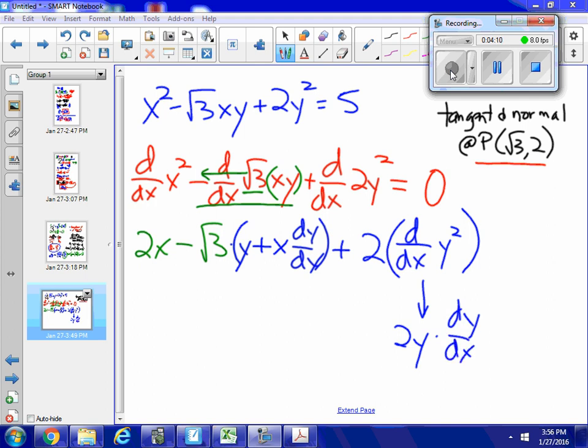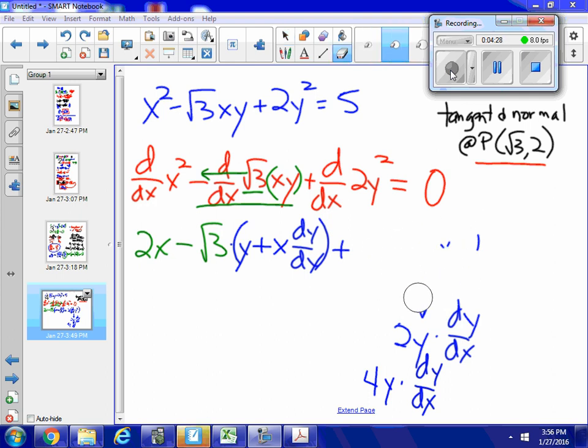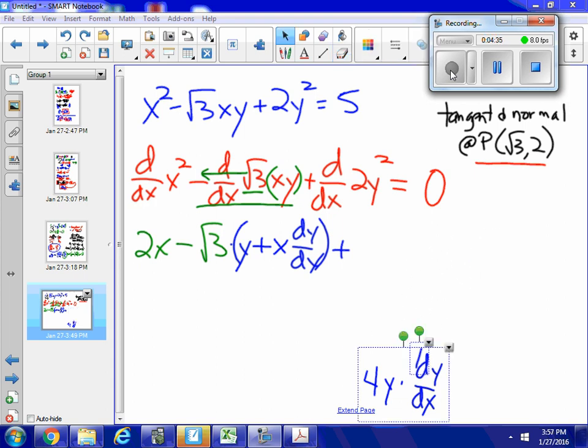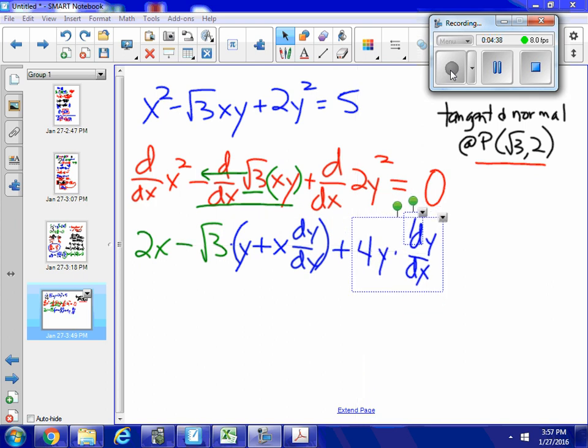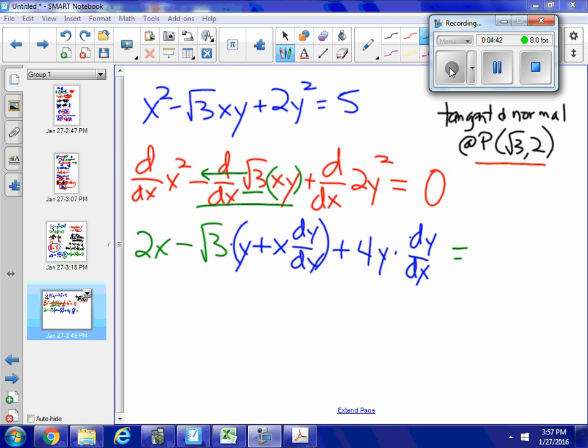So this whole thing is 4y times the derivative of y with respect to x. I'm going to replace this thing right here with that, and this whole thing equals 0.